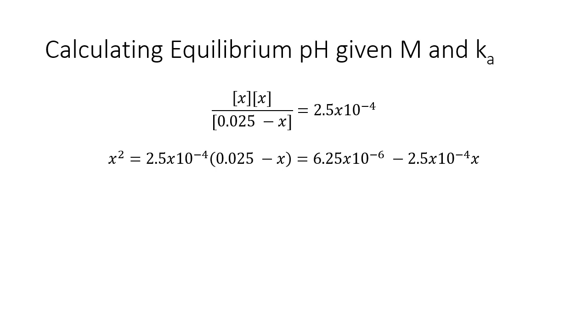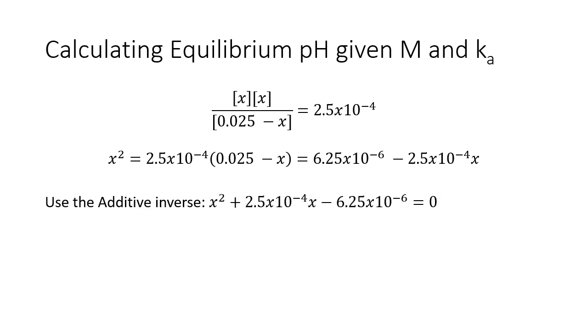If we use the additive inverse, so if we subtract 6.25 times 10 to the negative 6 and we add 2.5 times 10 to the negative 4 x to both sides, then we get x squared plus 2.5 times 10 to the negative 4 x minus 6.25 times 10 to the negative 6 equals 0.